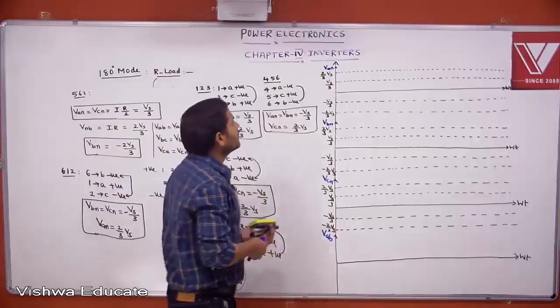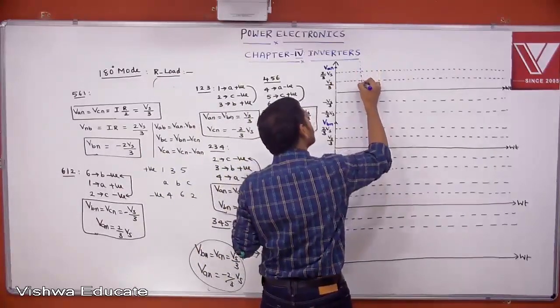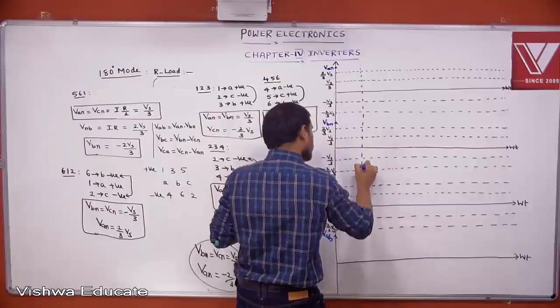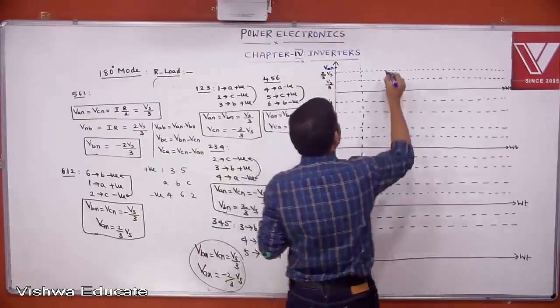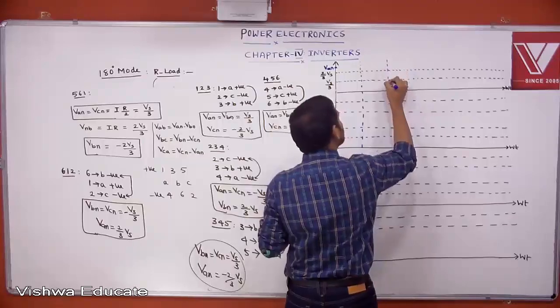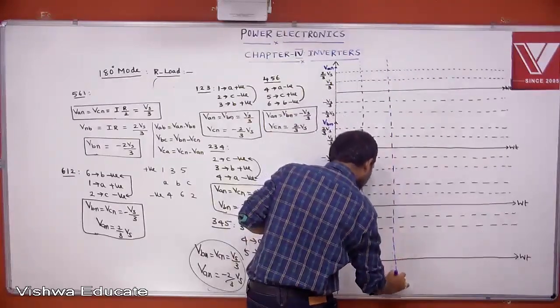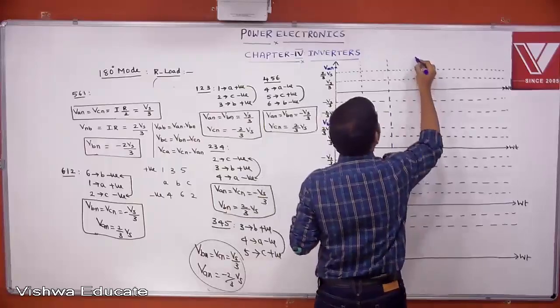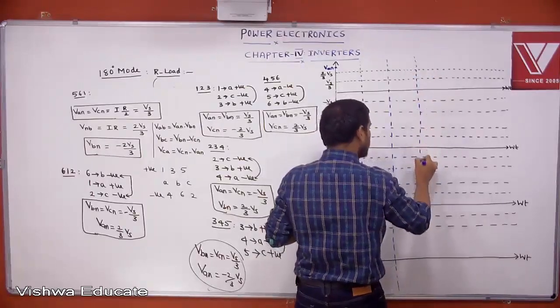Okay. And this is 561 is conducting. This is 612 is conducting. This is 123 is conducting.